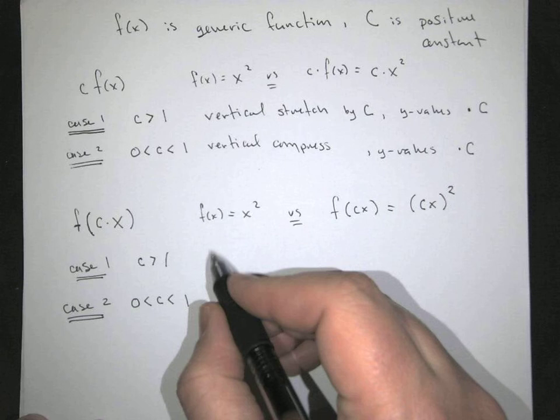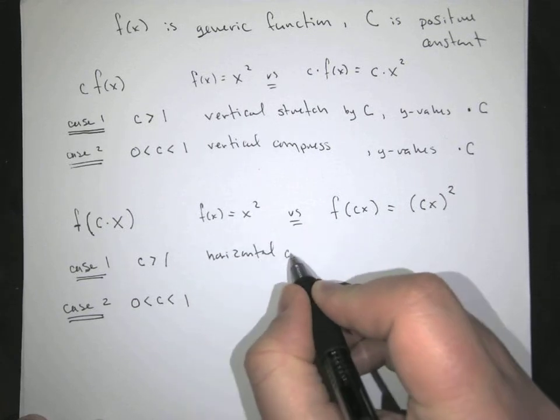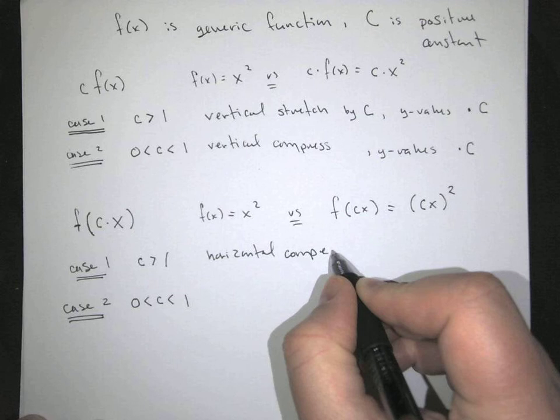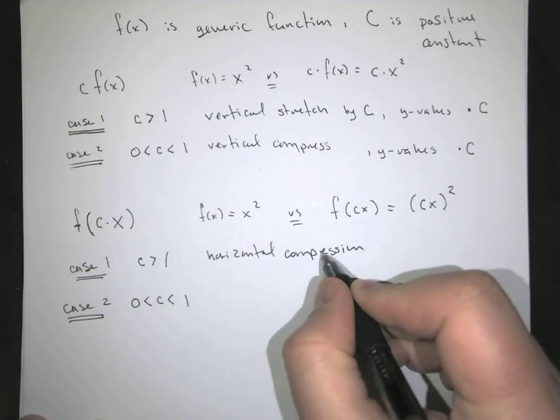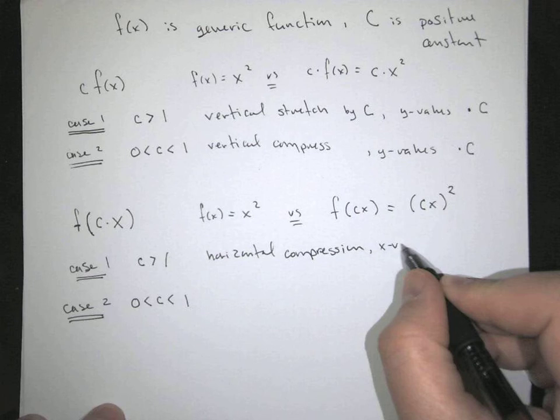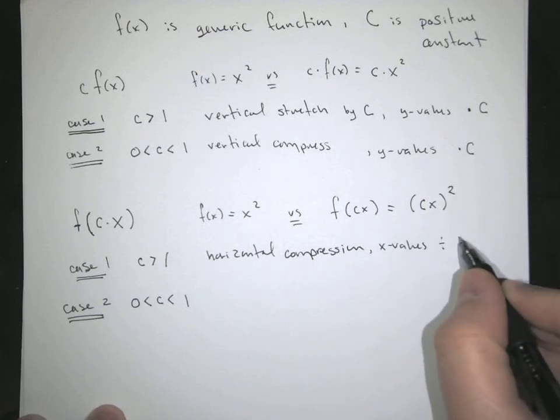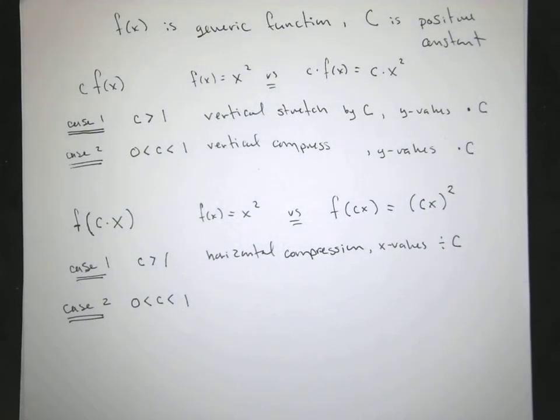So this is actually going to be a horizontal compression. To accommodate this, we're dividing by the c value.